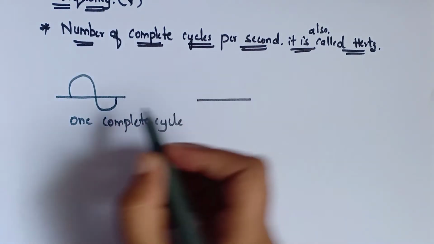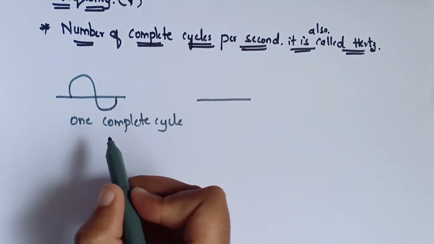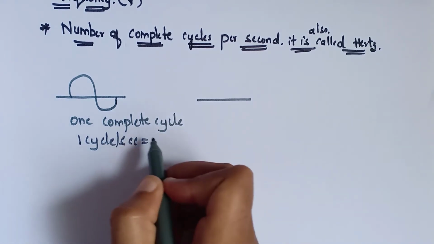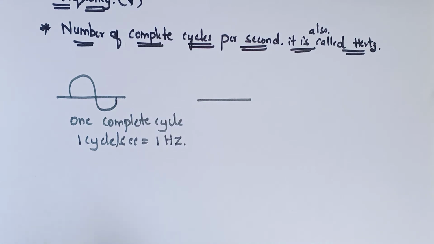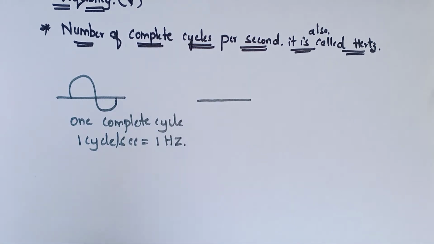That is, if one complete cycle is completed in a second, then it is called 1 Hertz. If it completes 2 cycles per second, it is called 2 Hertz. So how many cycles are completed per second is nothing but the frequency. Now we have learnt about the definitions of wavelength and frequency. Now we have to know the relation between wavelength and frequency.